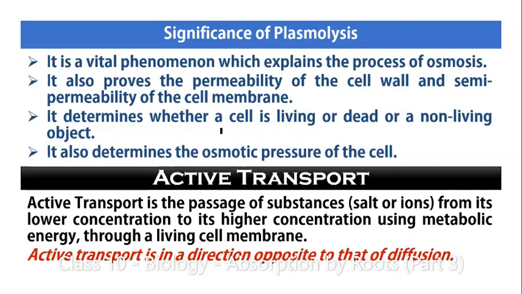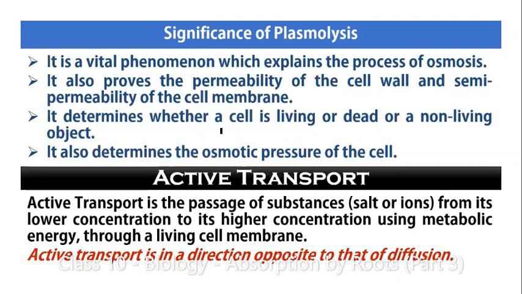There are some carrier proteins in the cell membrane. The cell membrane is a living one. So carrier proteins, to carry those ions from outside the cell to the inside of the cell, need energy. So ATP is utilized and this carrier protein carries those ions and salts from the soil water into the cell sap by utilization of the energy ATP.